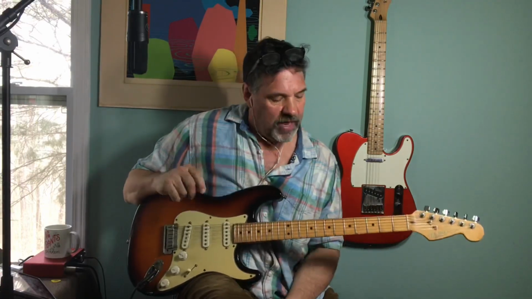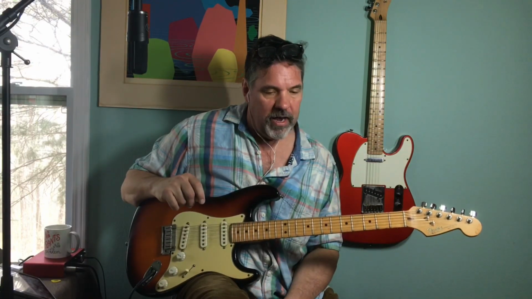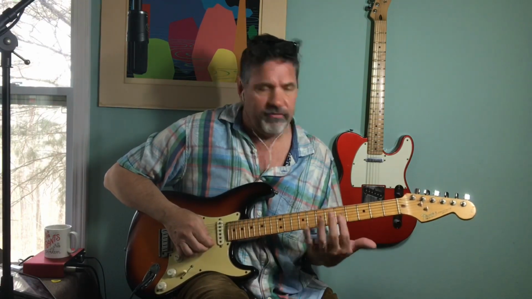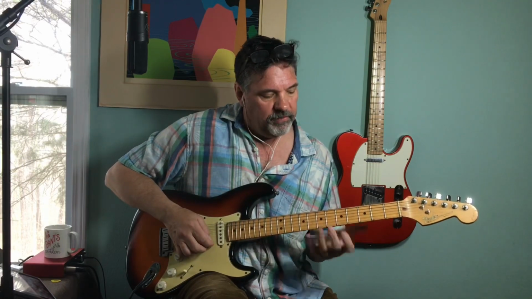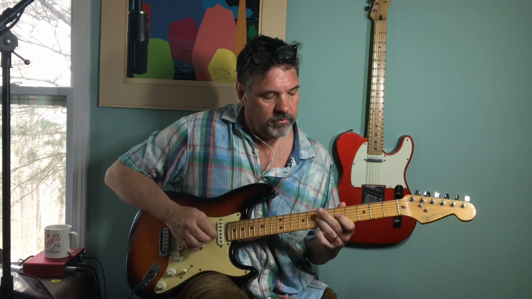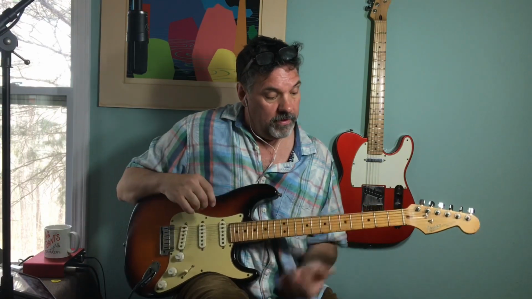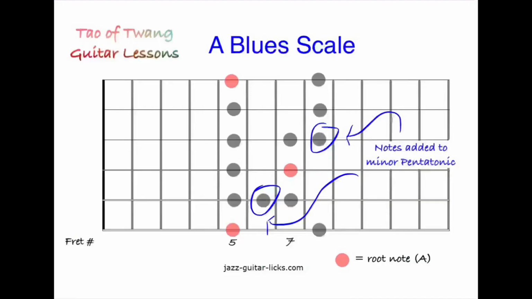Now, let me put this slide up here. If you're familiar with A minor pentatonic, any minor pentatonic, in this case A, if we put it on the 5th fret, it's this pattern. Right? Now, let me put this other slide right up here.